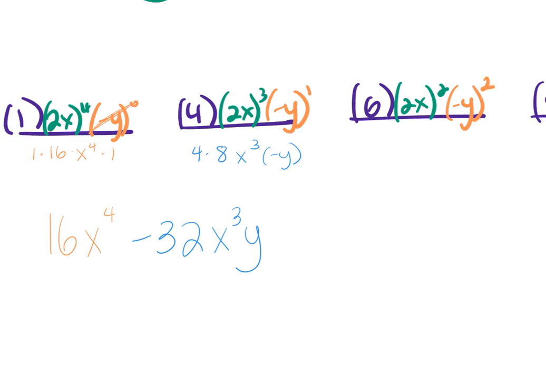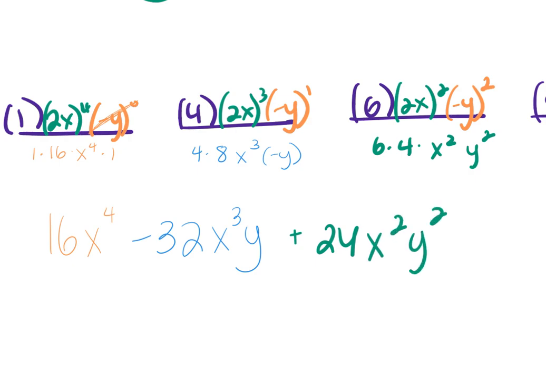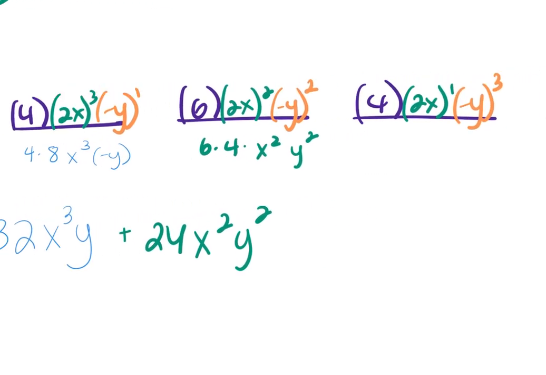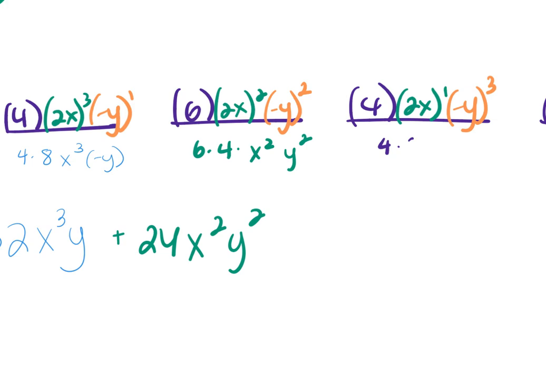Then I go to the next one. 6, 2 squared is 4, x squared, and negative y squared is positive y squared. So I get plus 24x squared y squared. Next one is 4 times 2 times x times negative y to the 3rd.